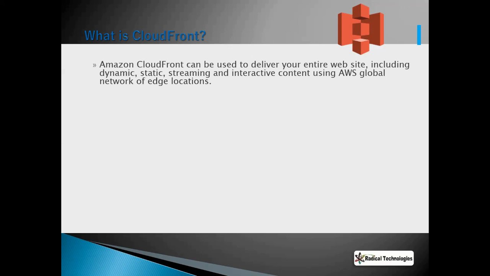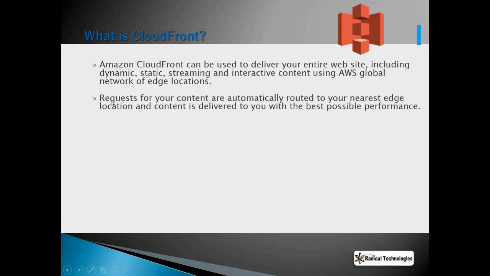Amazon CloudFront can be used to deliver your entire website, including dynamic, static, streaming and interactive content, using the AWS network of edge locations. So what you are using is edge locations. Requests for the content are automatically routed to your nearest edge location.